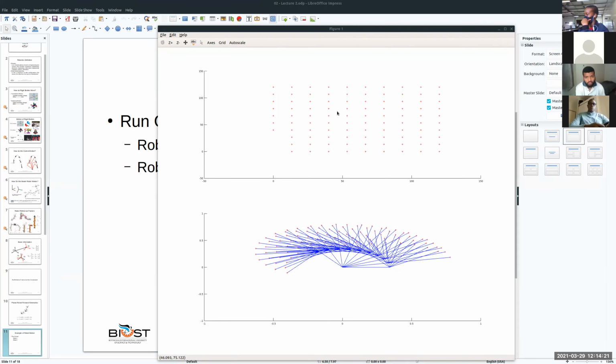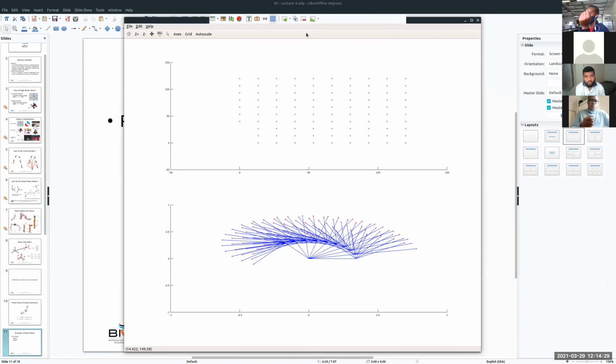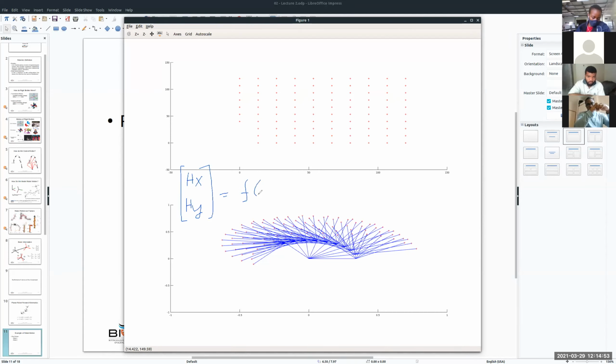Now, this is what is called forward kinematics. Forward kinematics means that we compute hx and hy, the hand movement, with respect to the joint angles, in this case theta 1 and theta 2.